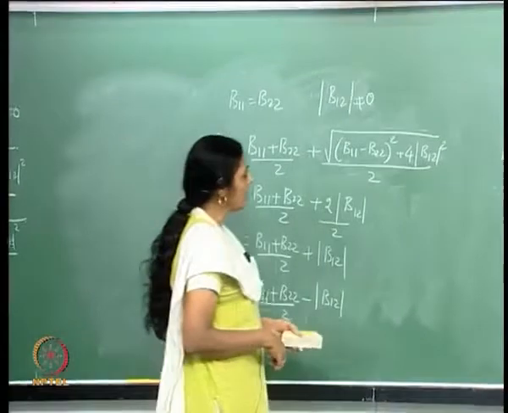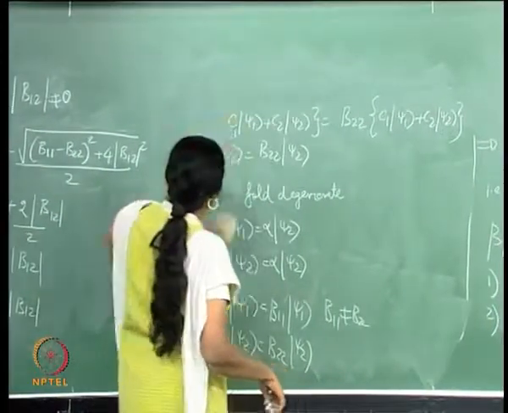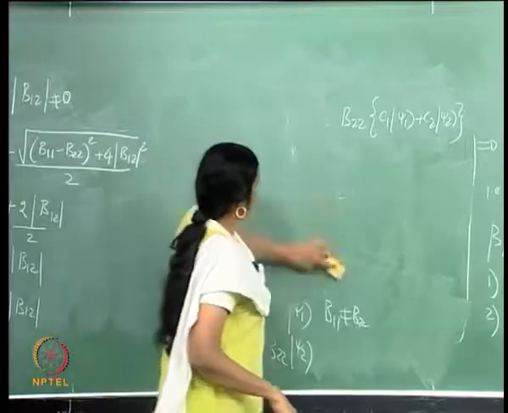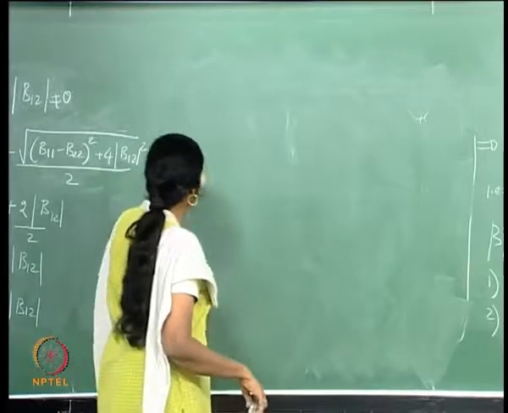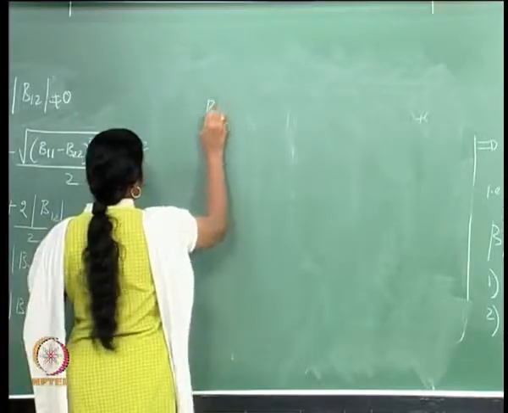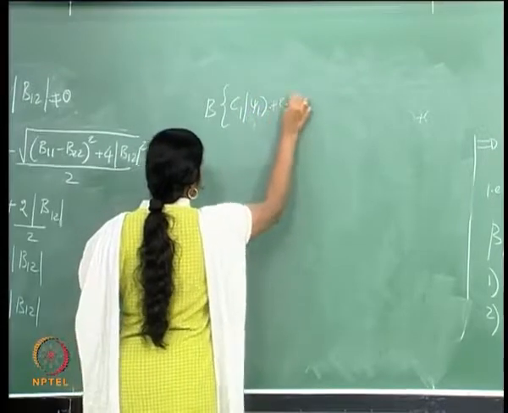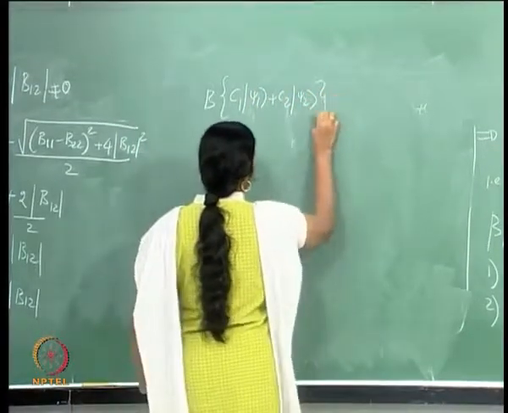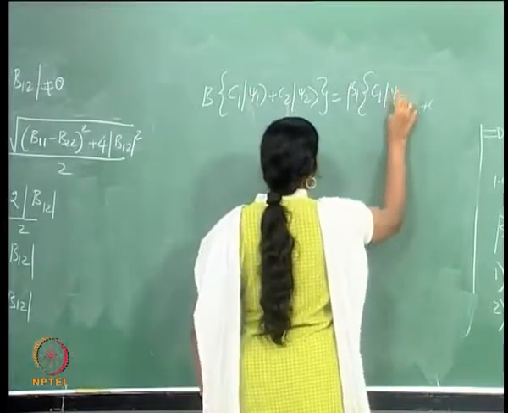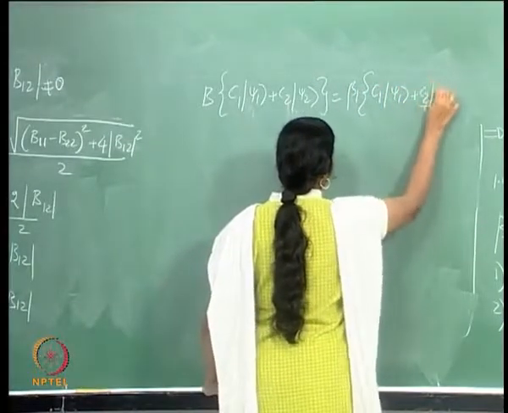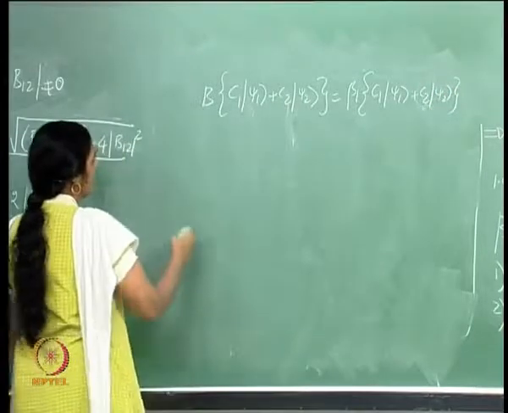You can now see that you could repeat this argument and you will get conditions on C1 and C2. In other words, if you started by saying B acting on the state is beta 1 C1 psi 1 plus C2 psi 2, what is it that I have?